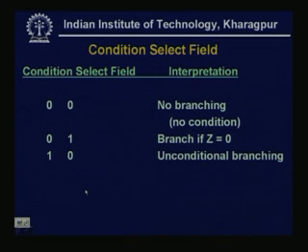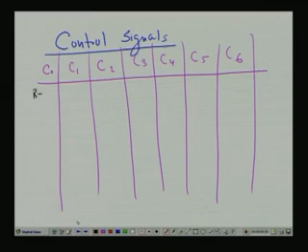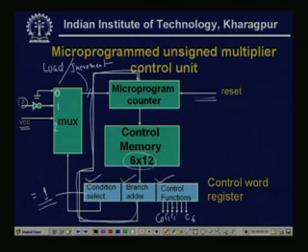Now, what are the condition select fields? Because just now we have seen that the control word register has 3 fields: condition select, branch address and control functions. So, depending on the number of microinstructions or number of micro operations to be performed, the number of control signals is determined, and that will directly give how many control signals will be generated by the control functions.